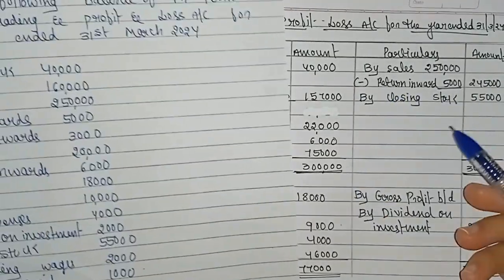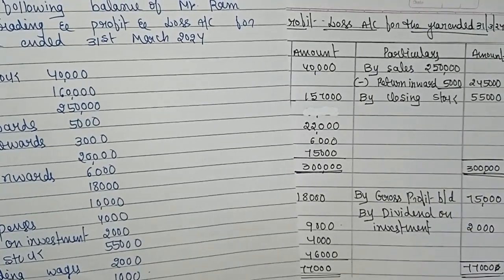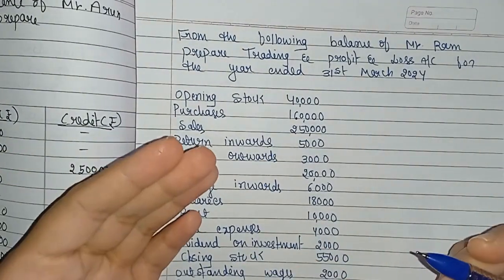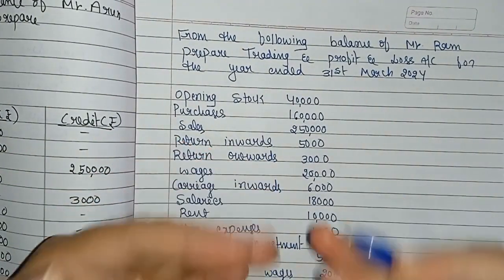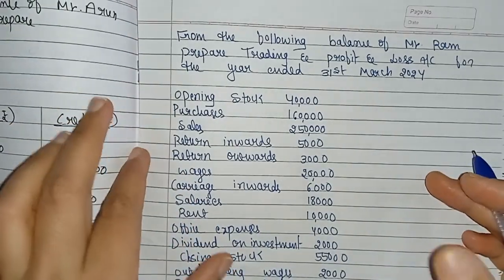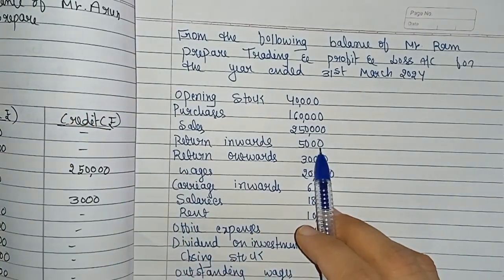Now, if there are any returns, we need to deduct them from the sales. See here. Return outwards means purchase return. Return inwards means sales return. Clear? Return inwards, how much? That is rupees 5,000.